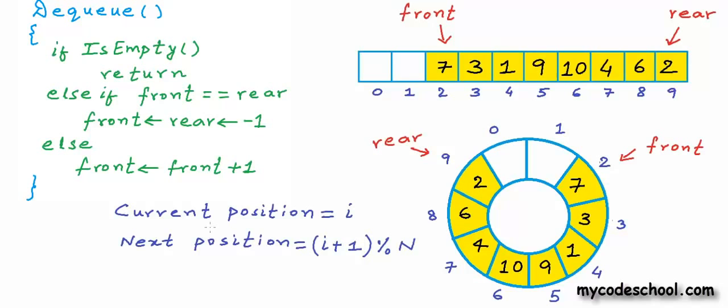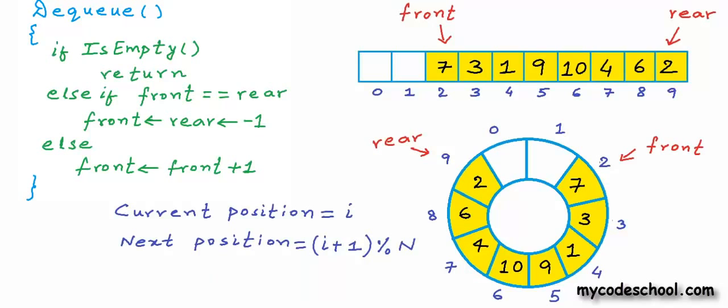The modulo operation gives us the remainder upon dividing by n. For any i other than n minus 1, this modulo operation will not have any effect. But for i equal to n minus 1, the next position will be n modulo n, which is equal to 0. When you divide a number by itself, the remainder is 0.